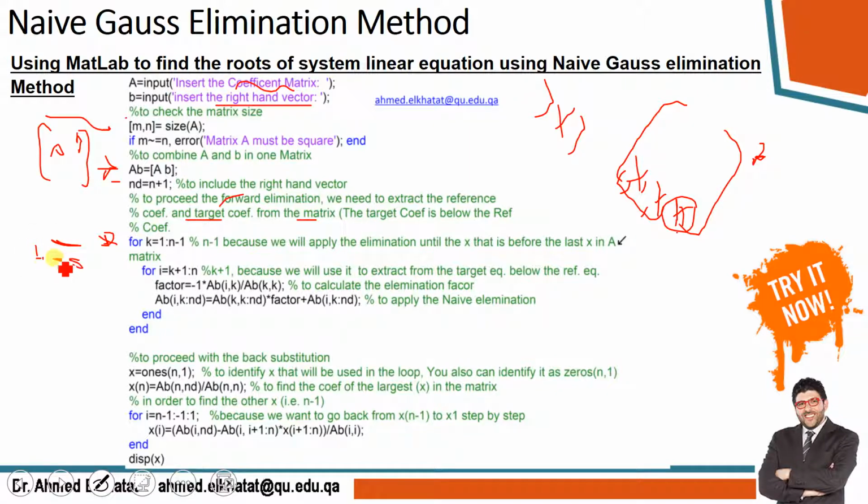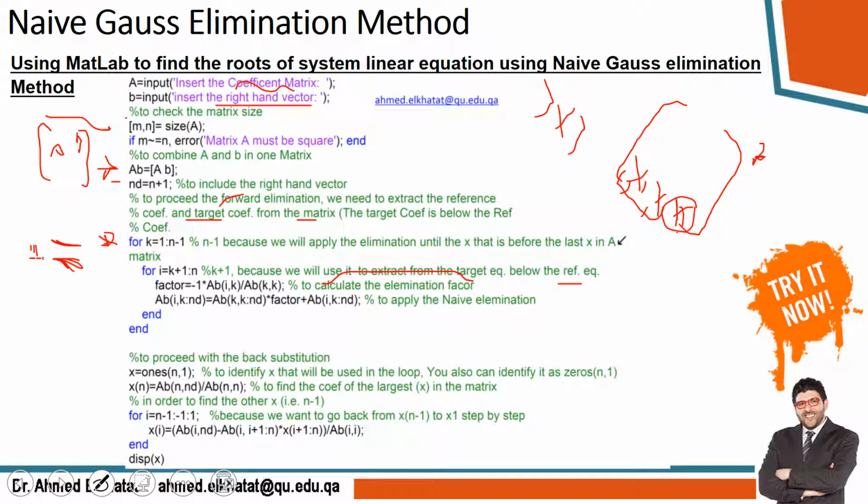So for i equal k plus 1 until n, as we said, we want to use it to extract the manipulated equation below the pivot equation.